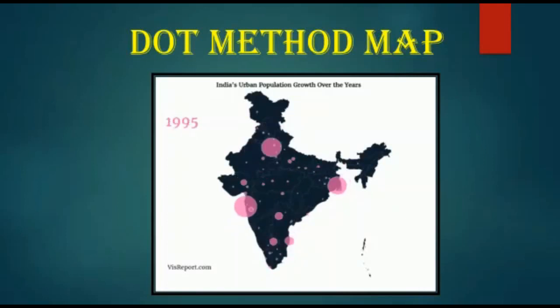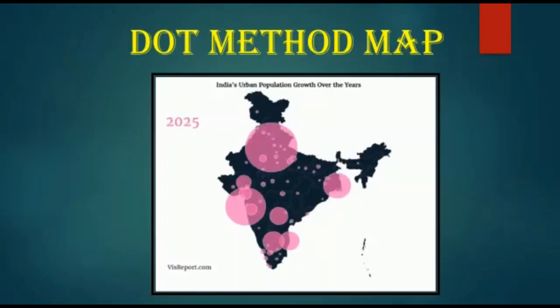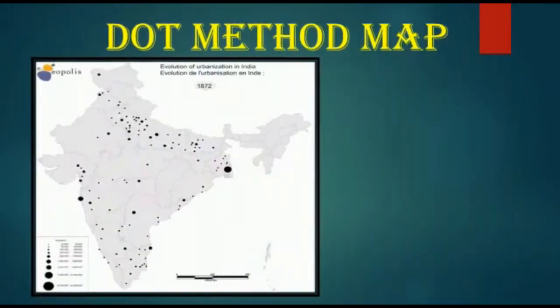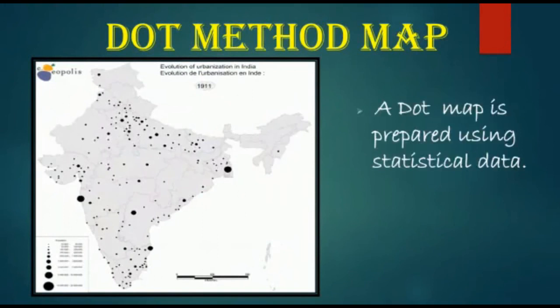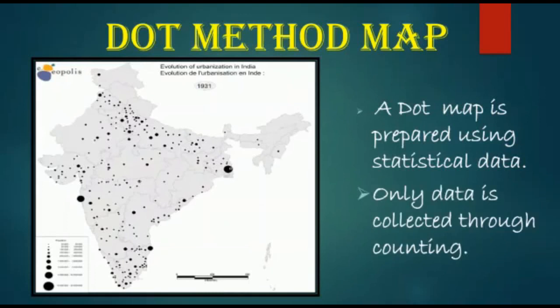As we can see in the map, each dot represents some amount of data. As we studied in the previous slide, dots are used to represent data. So, a dot map is prepared using statistical data. Only data is collected through counting.